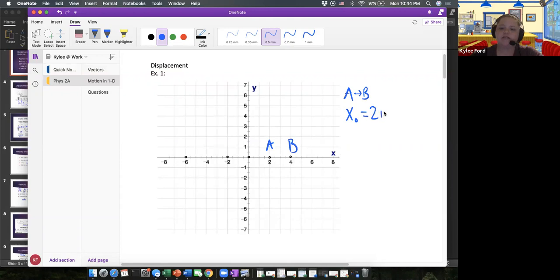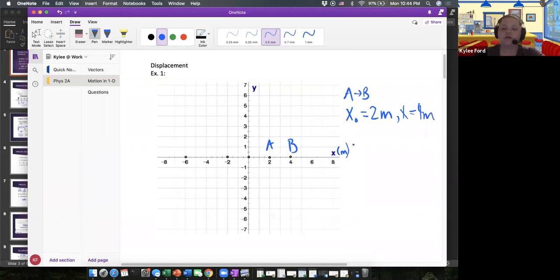We can say this is in meters, since usually that's what we go for. And my position for B, or my X final, is 4 meters.